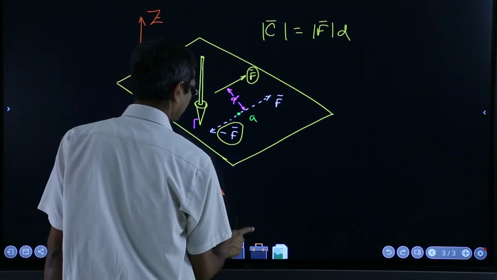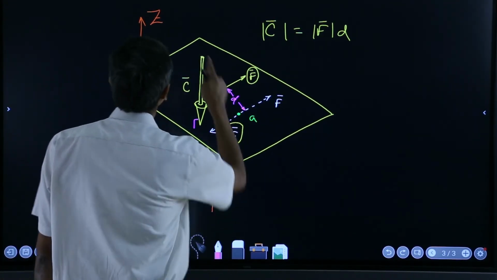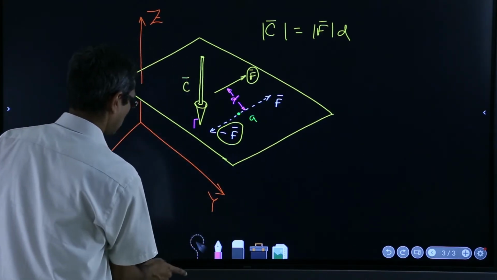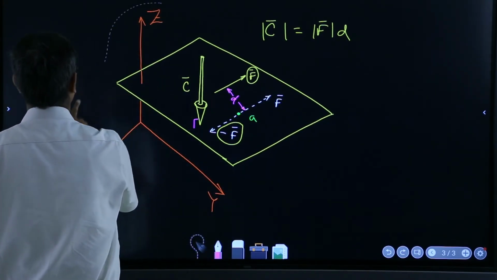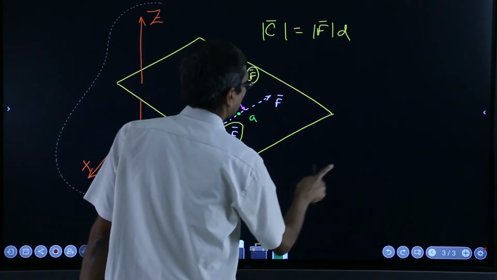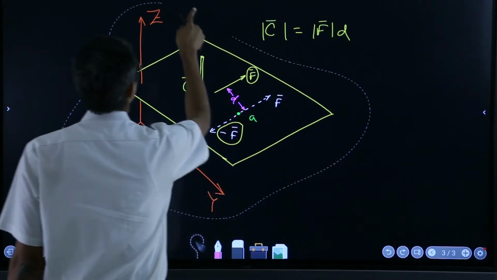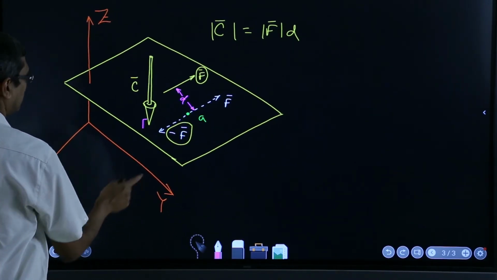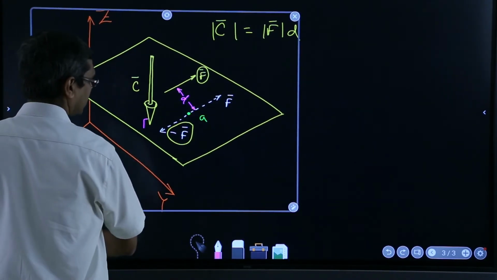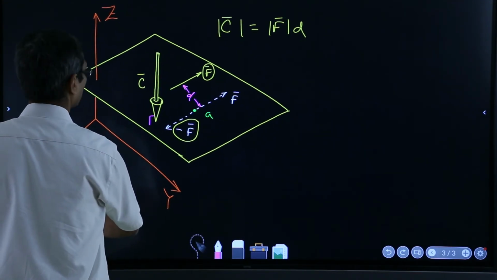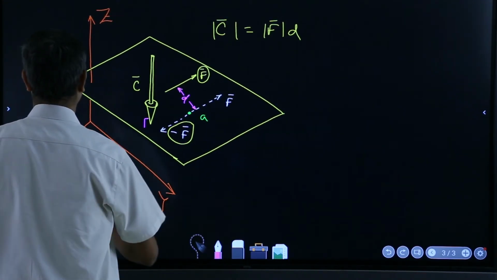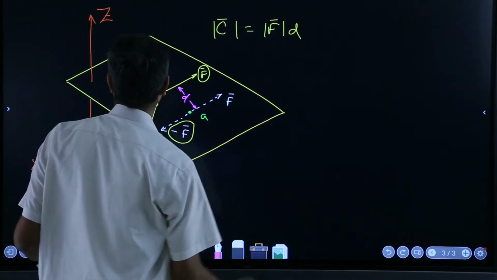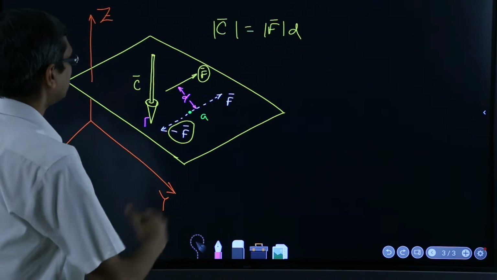I'll just copy this whole thing, and move it a bit here. Okay, now I have some space there.